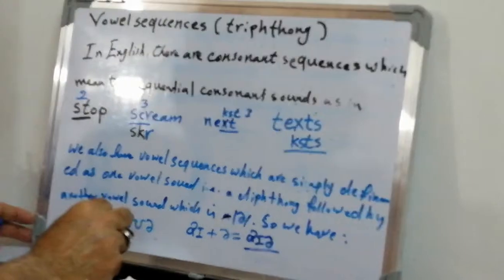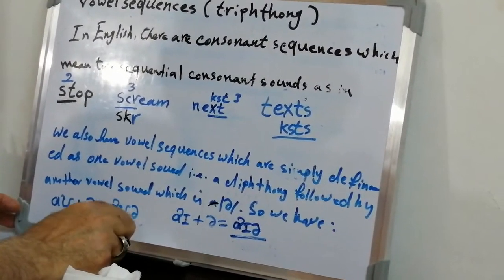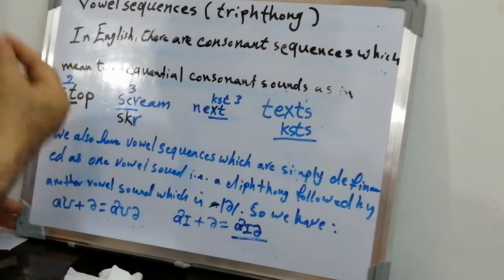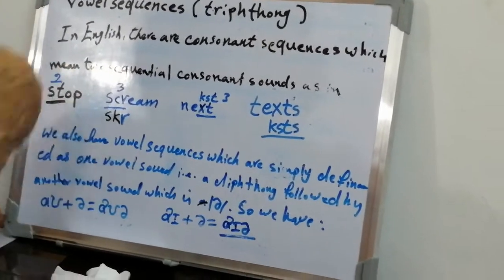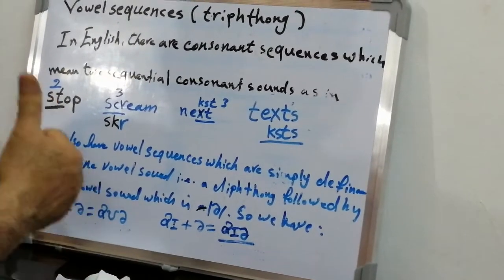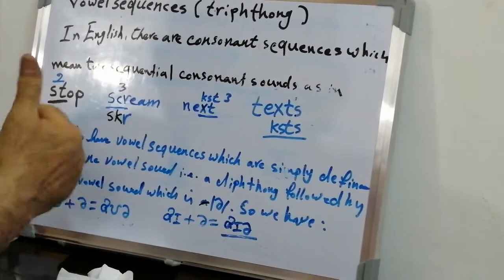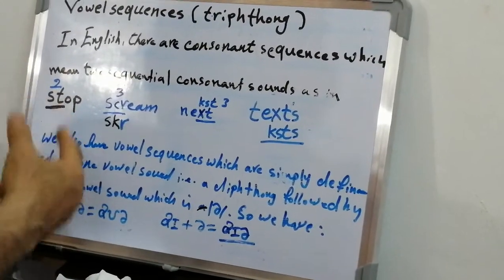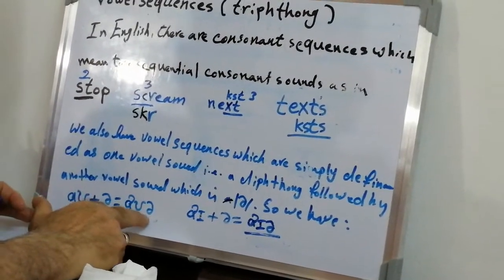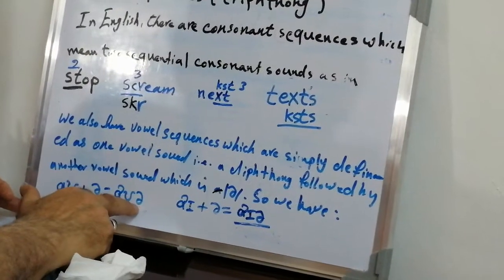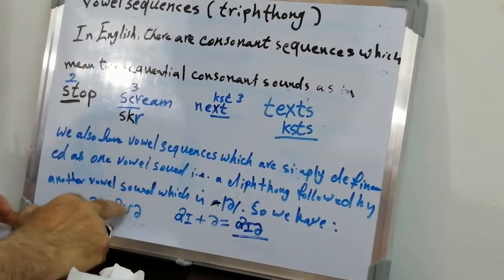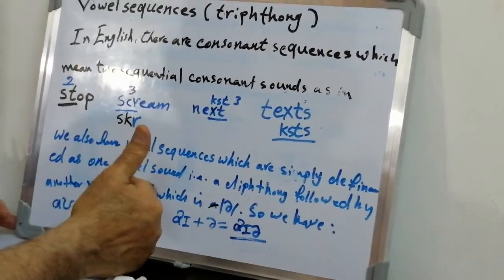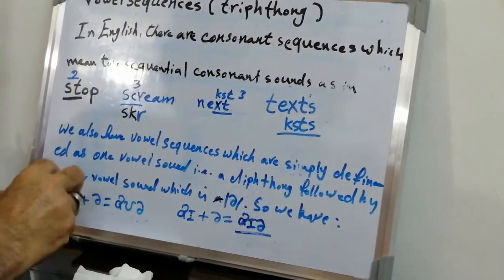But keep in mind that we deal with them as one sound, as we consider the diphthong as one sound. So though they are a sequence of three vowel sounds, they are considered as one vowel sound.